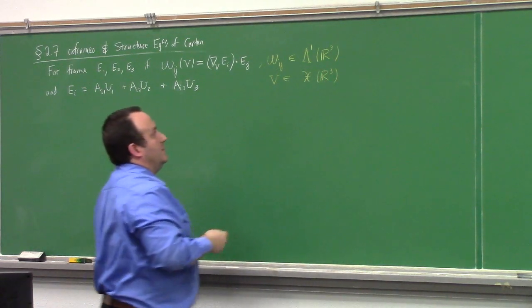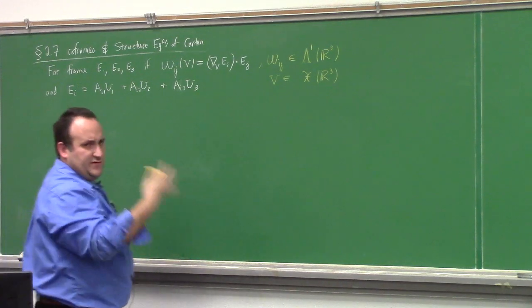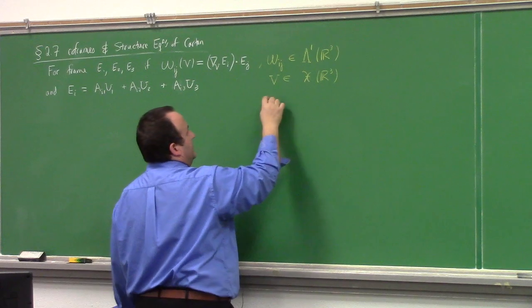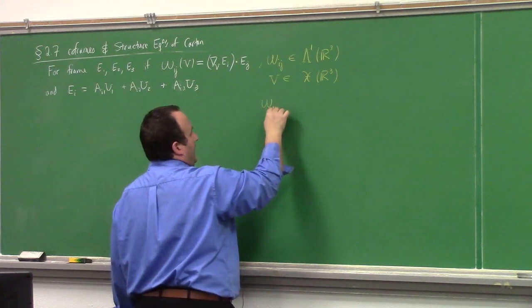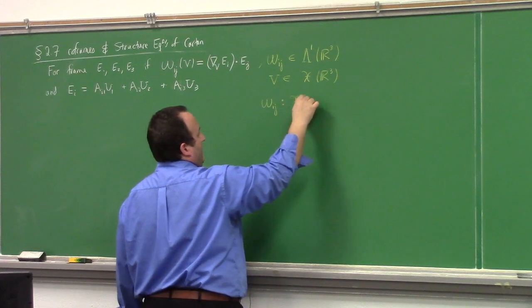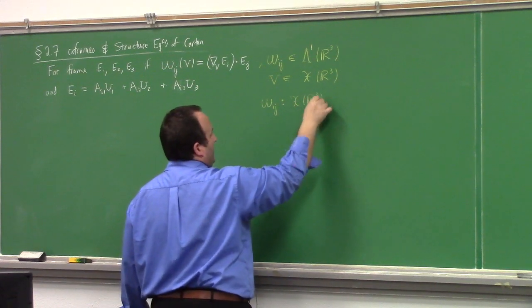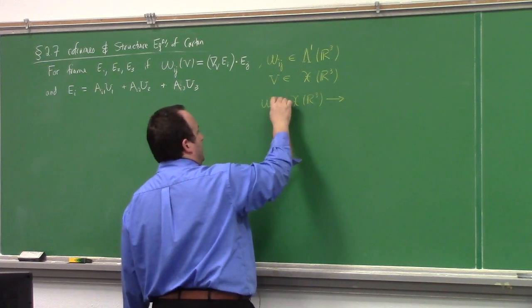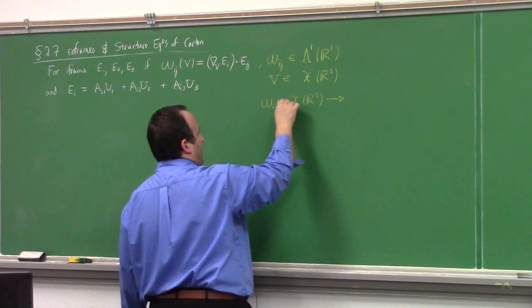But for each choice of i and j, you fix an i and j, omega ij gives us a mapping from vector fields to, well, I have to fix a point, plug in a point, right?